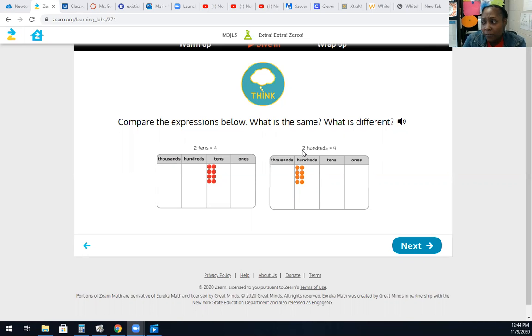But what's different? Their unit form. This one is 2 tens that needs to be multiplied, and this one is 2 hundreds. Can you see that? The biggest difference is their unit form, which means that the numbers are definitely different.